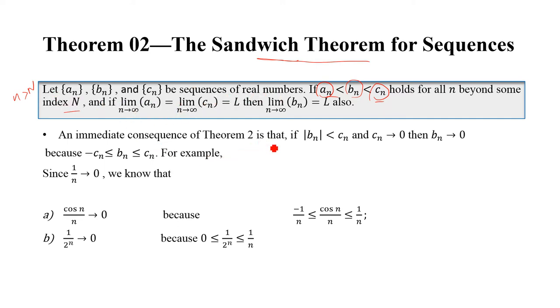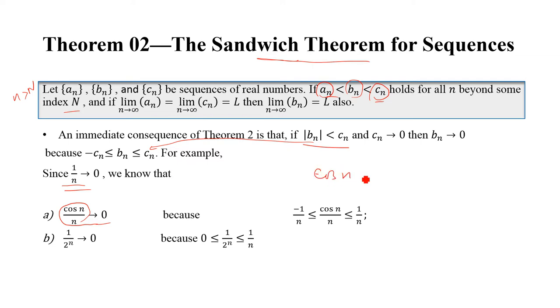The immediate consequence of this theorem: if the absolute value of b_n is less than c_n, and c_n approaches 0, then b_n approaches 0, because b_n lies between c_n and minus c_n. We know that the 1 over n sequence approaches 0. So this yields the result that cos n over n approaches 0.